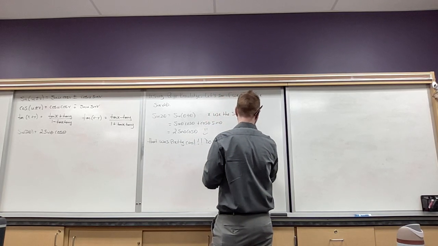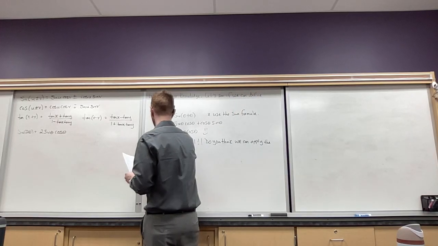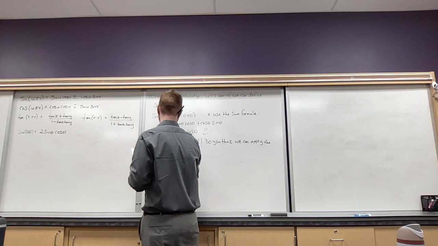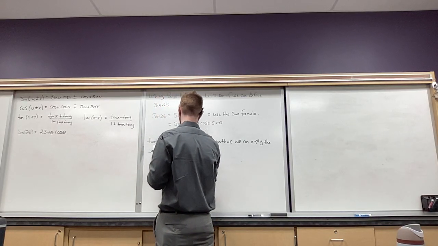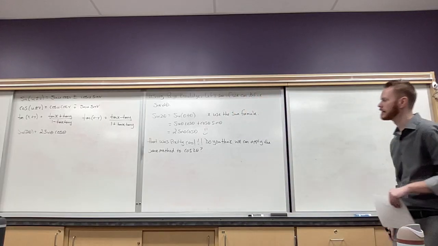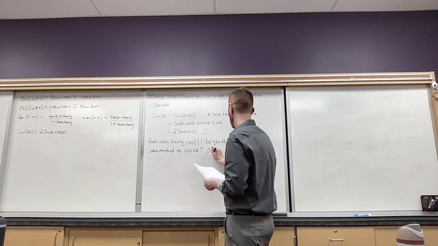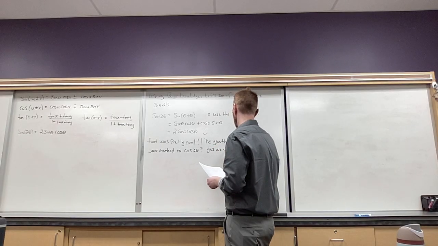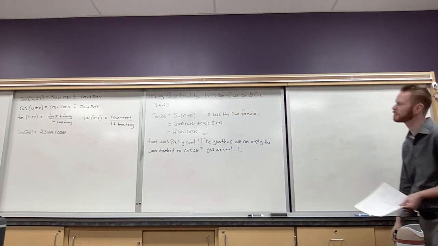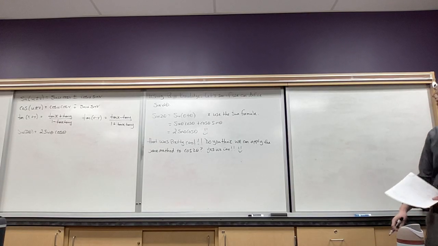Do you think we can apply the same method to cosine of 2 theta? Yes, we can. So let's do the exact same thing. We're going to use the summation formula and simplify.